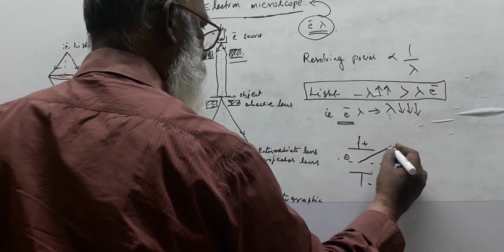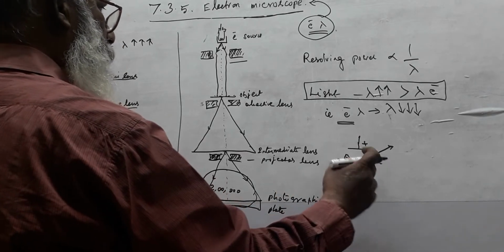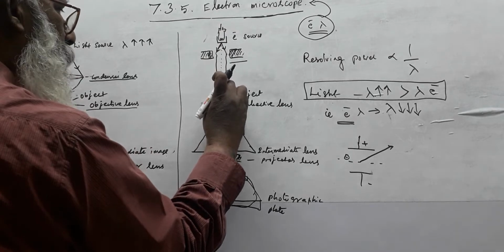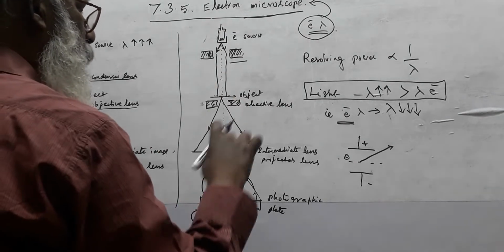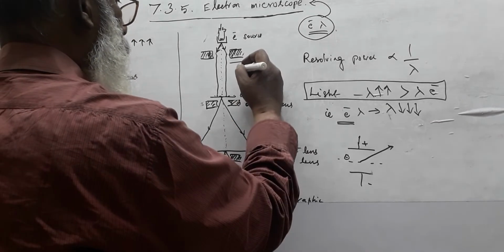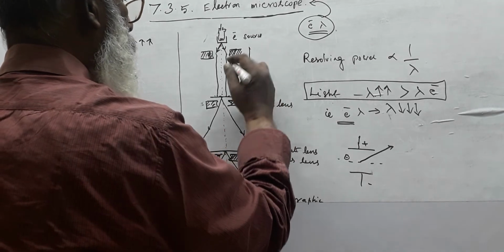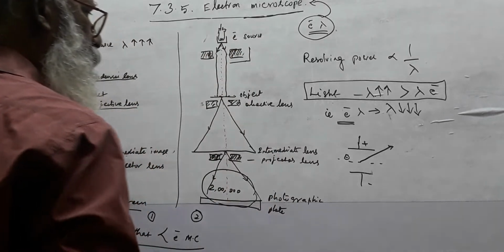Because of this property, we are able to converge the electron ray on a particular spot or on the image. That's a very good application of the electrostatic or magnetic field.